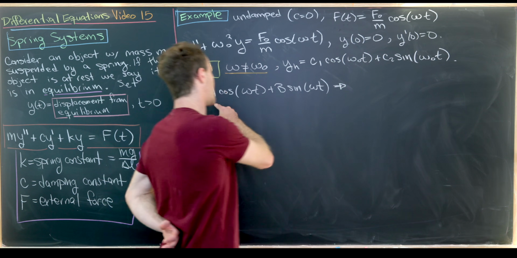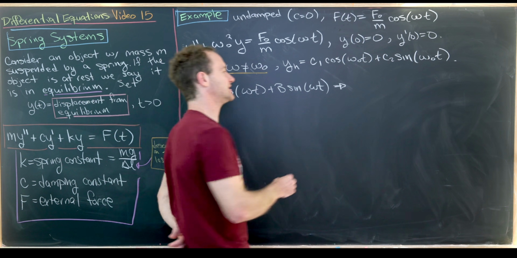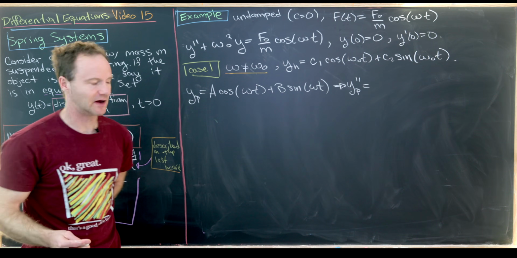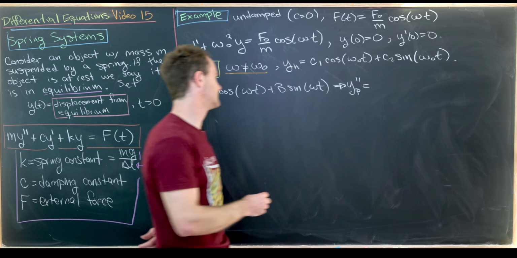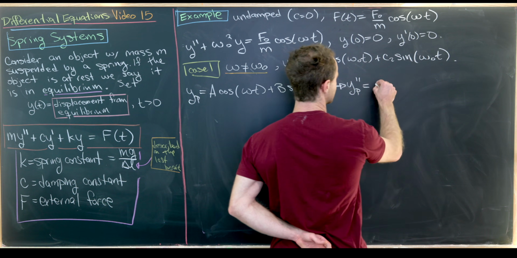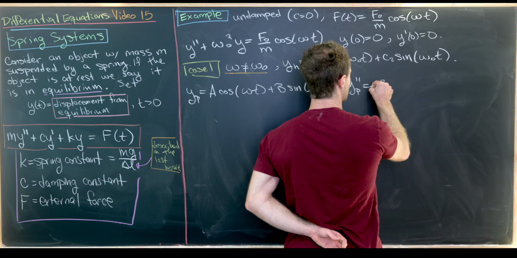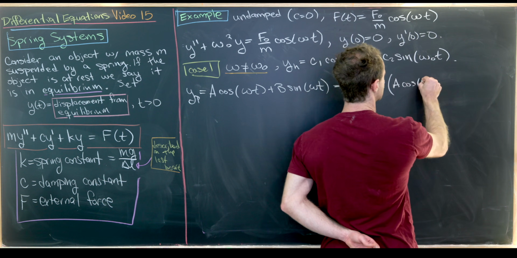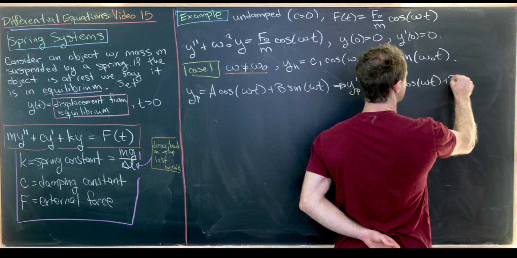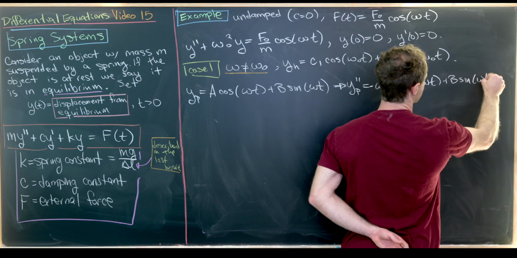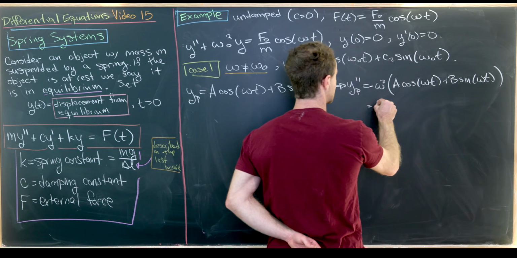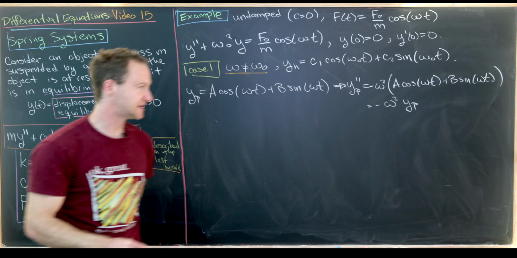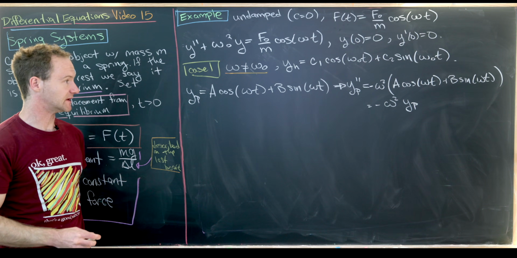Okay, so if yp is equal to that, we can easily find yp double prime. I'll skip yp prime because that's a fairly simple calculation. That'll give us something like minus omega squared, and then A times cosine omega t plus B times sine omega t. In other words, we have minus omega squared times our particular solution yp.